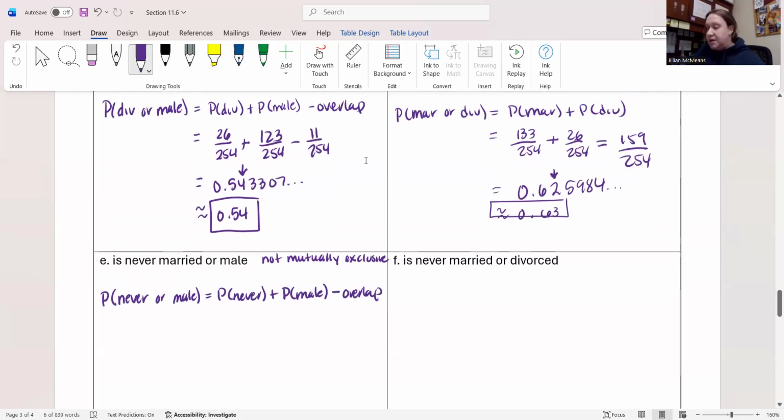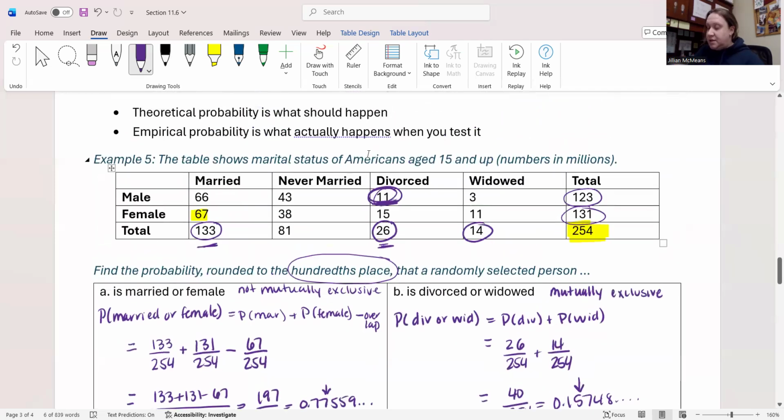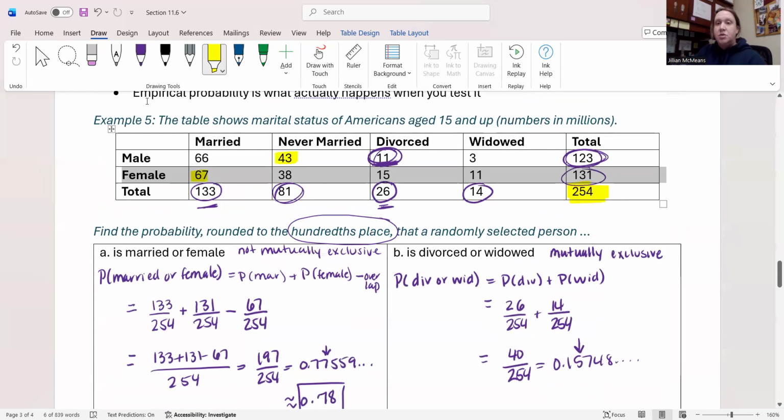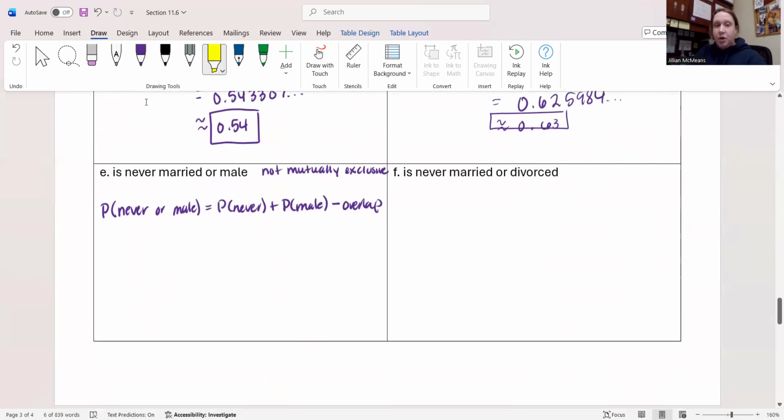So let's see. Never married is 81 million. Male is 123 million. And then we definitely have some overlap up here. We have 43 million that are never married and male. Okay, so let's see what this is going to look like. Doggone it, we got to change our pen.